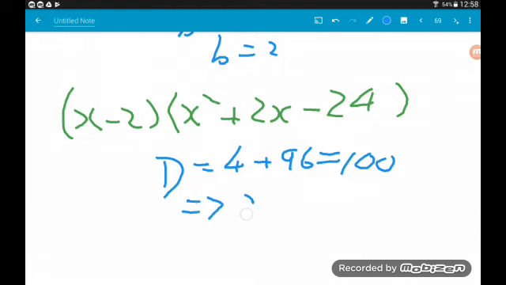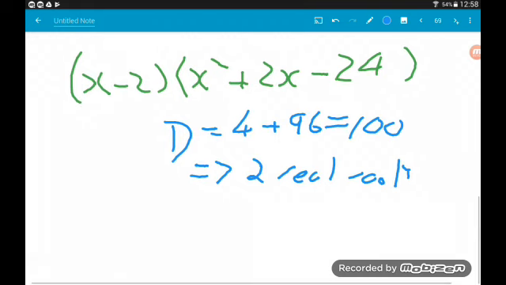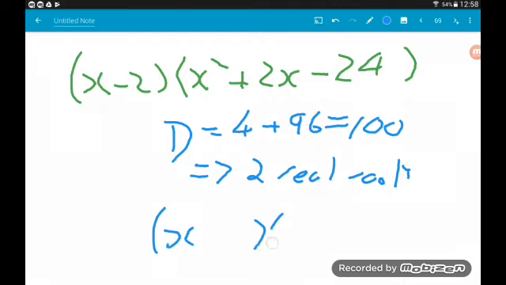So that implies 2 real roots. So we can actually factorise this quadratic quite nicely. It's going to be (x plus 6) times (x minus 4), like that.